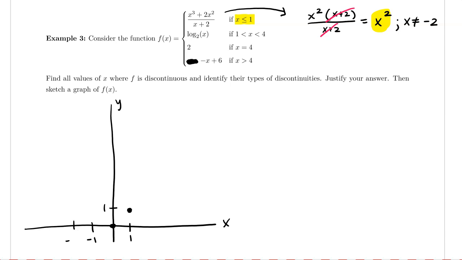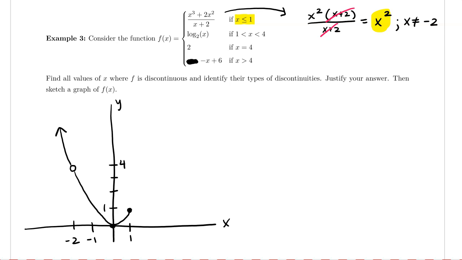So here's negative 1, here's negative 2. If I were to plug in negative 2 into x squared, my output value would be 4. So I'm going to put a hole here, and then I'm going to connect this, and my parabola is going to look something like that. I'm also going to put an arrow here to indicate that it's going upwards, and the x values can go towards negative infinity.